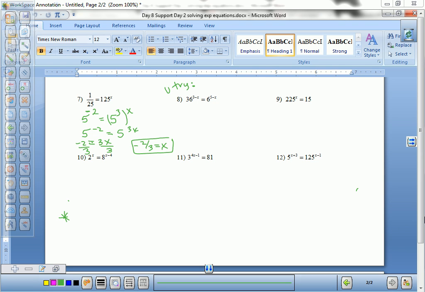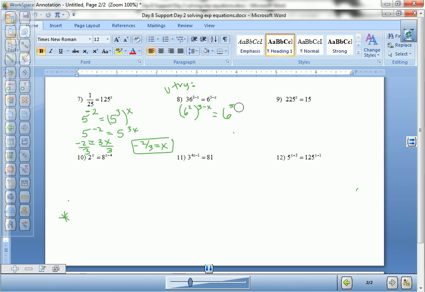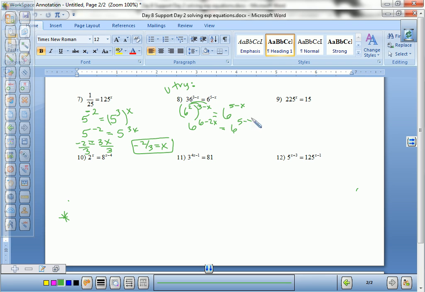So for this one, we could write both sides with a base of 6. One of them was already 6. So we'll go ahead and rewrite this left side so that it also has a base of 6 because 36 is 6 squared. And so this is 6 to the 5 minus x. So what we end up here with is 6 to the, we have to distribute, so we get 6 minus 2x equals 6 to the 5 minus x.